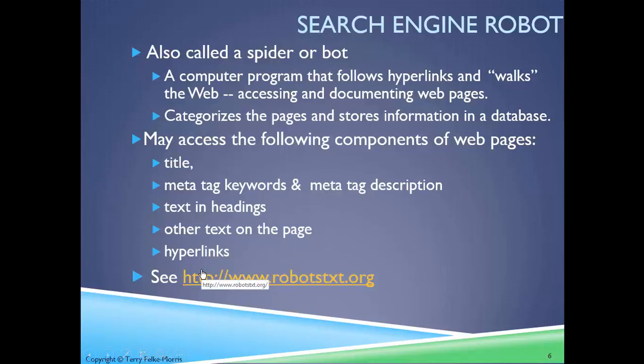Now, ideally, let's say you're selling sporting goods. All right, so you've got Jeff's Sporting Goods Emporium. Ideally, when somebody puts sporting goods into a search engine, I want Jeff's Sporting Goods Emporium to come up first. It's probably not going to for a lot of reasons. There are other sites that have been spidered first, and sometimes it actually caches.